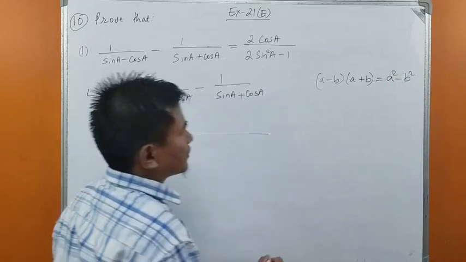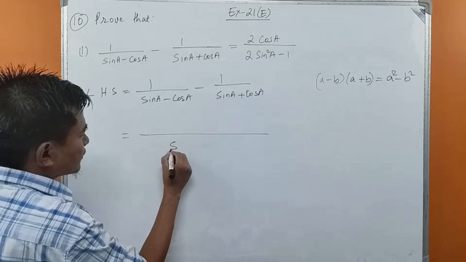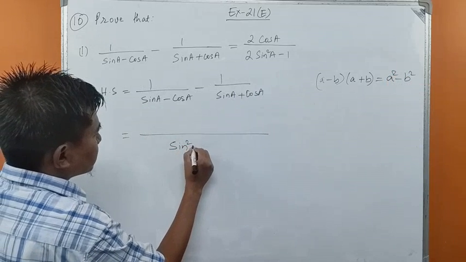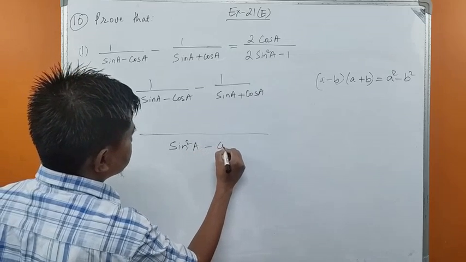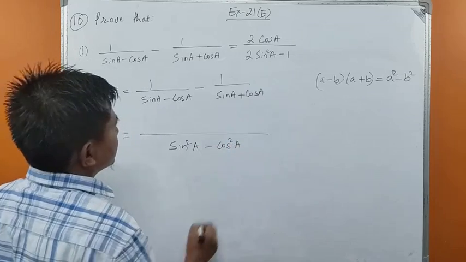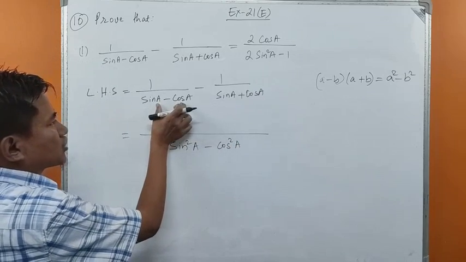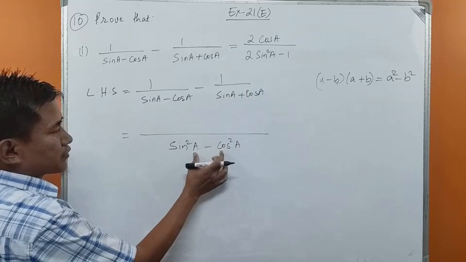This is formula, isn't it? So you can write this as A square minus B square. Okay, so sin A minus cos A into sin A plus cos A gives us this number.